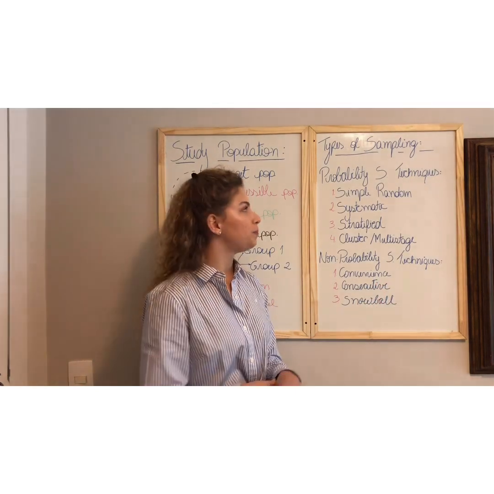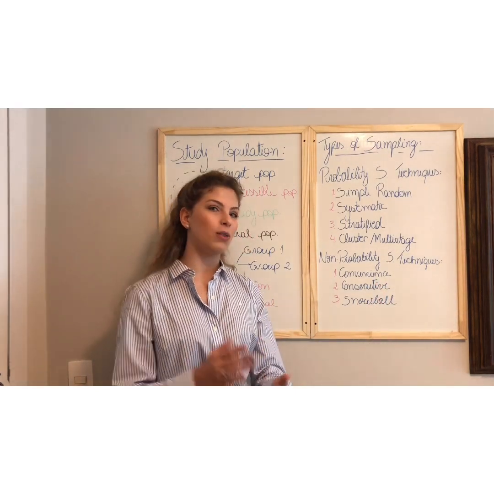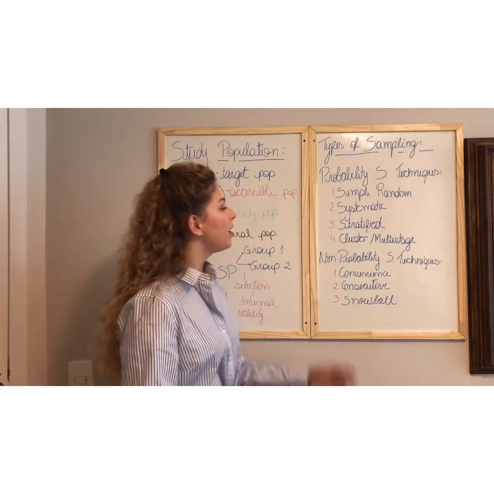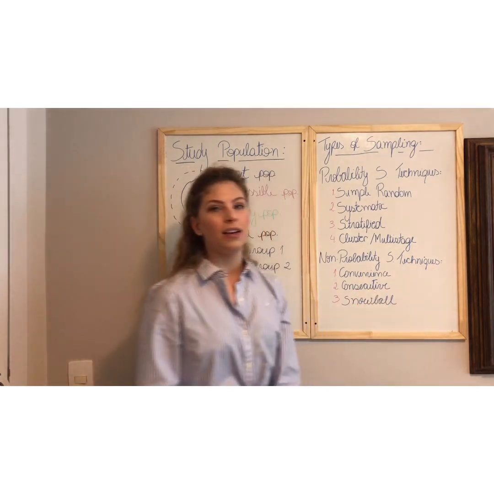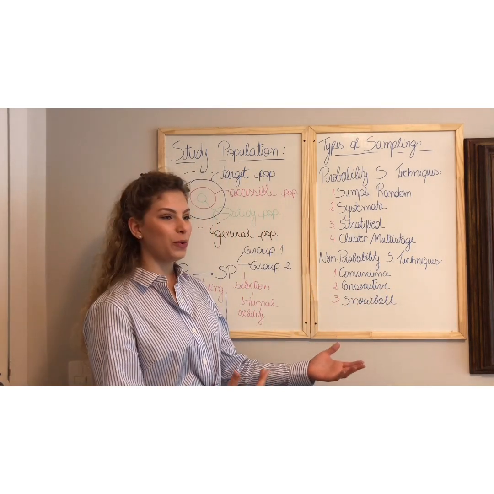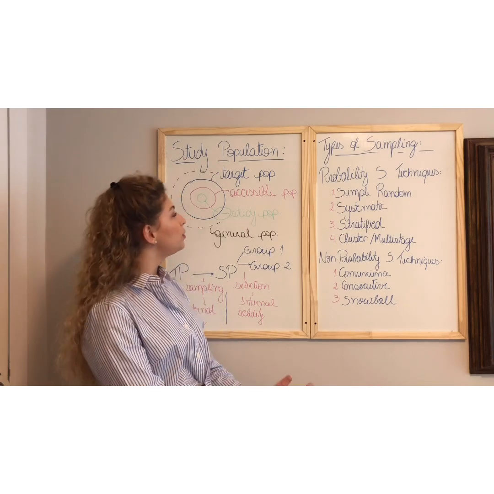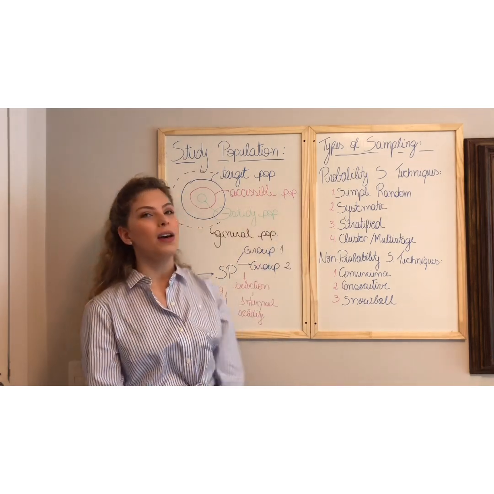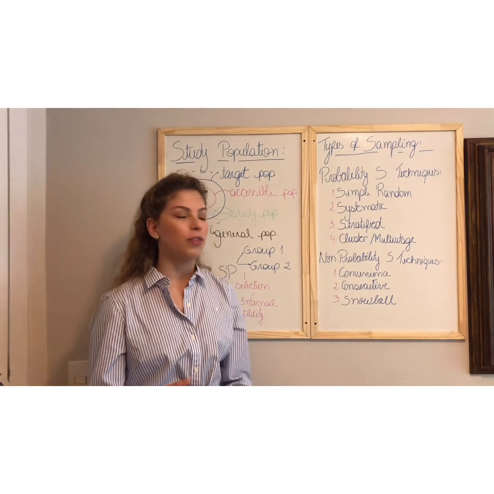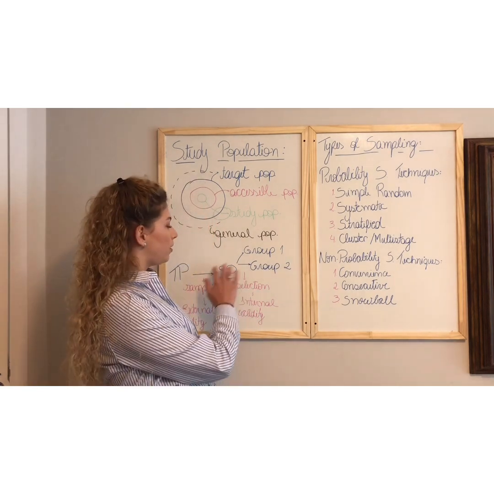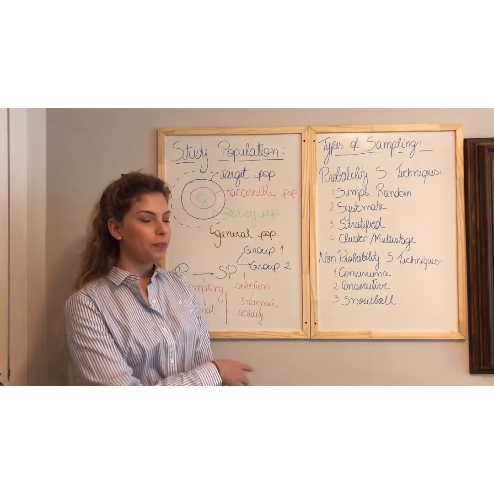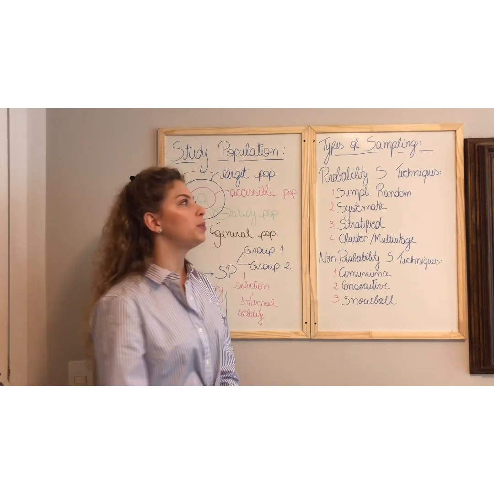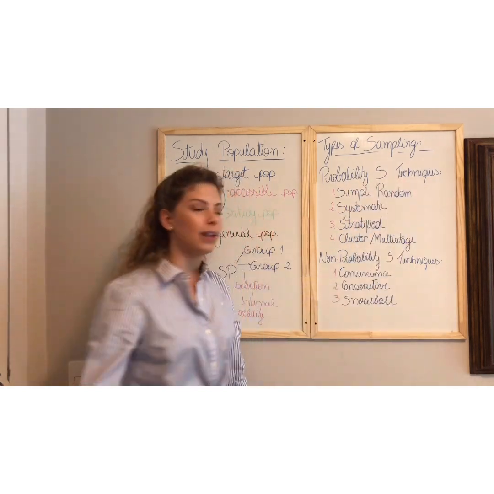Okay, so they all have equal chances, let's say. And in non-probability sampling, naturally, all individuals of my accessible population have different chances of being drawn for the study population. Okay, so what are the subtypes of probability sampling techniques?